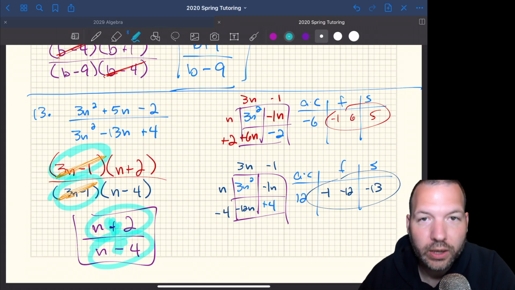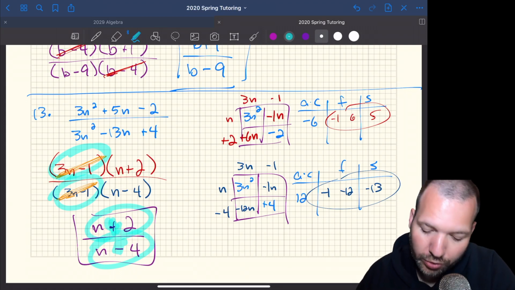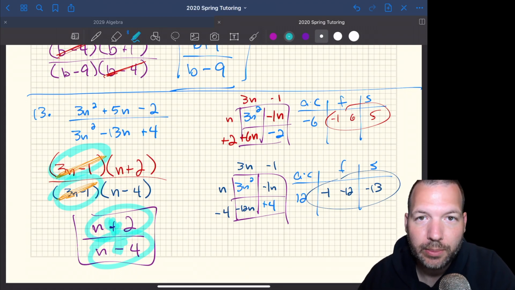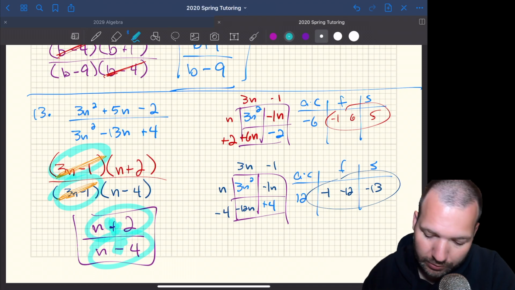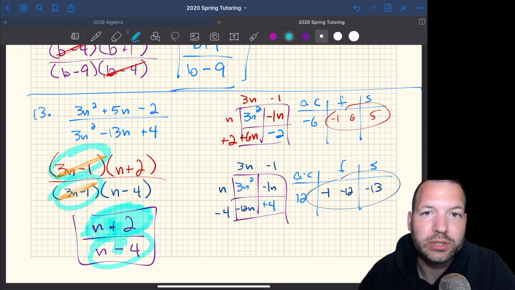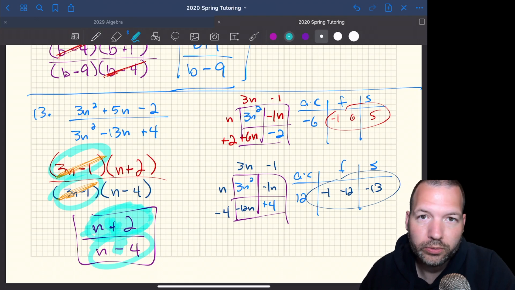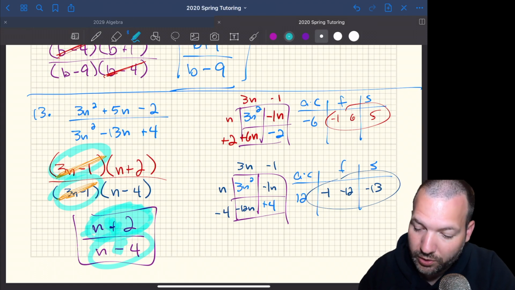3n minus 1, the whole factor, had a 3n minus 1 in common in the denominator. That's why those canceled. N is not a factor of n plus 2. It's just a part of n plus 2. That would be like saying, oh, 37 must have 3 as a factor because it starts with a 3. No, right? 3 may go into it or it may not, but it doesn't go into it just because it starts with a 3.